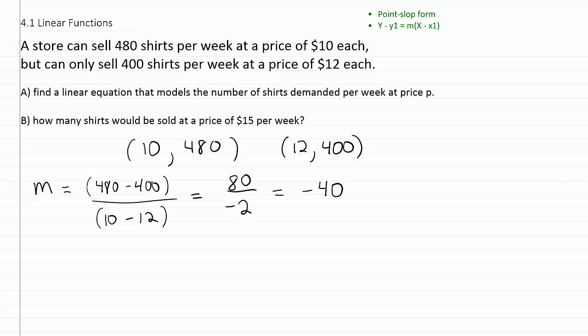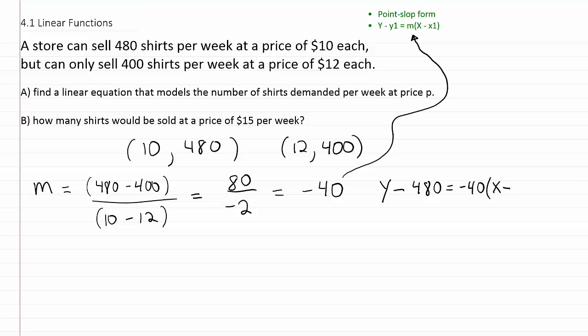Now, if you know that's your slope, you can plug it into the point-slope formula in the position where m is. So we'll say y minus y1, and let's make y1 480, the y coordinate for the first point, is equal to m, negative 40, times x minus x1.